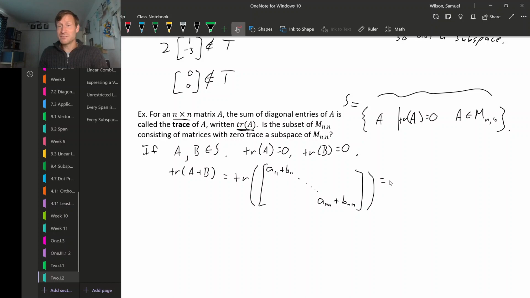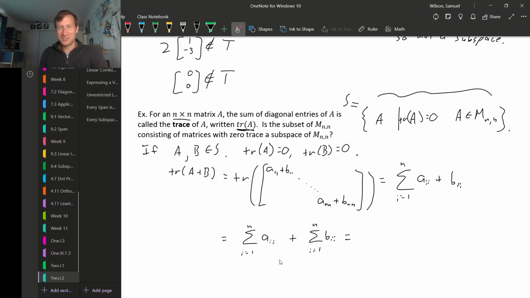So what is the trace of this matrix? Well, this is the sum from 1 to n of a_ii plus b_ii. I'm saving myself some work by using sum notation instead of writing out this big sum. But we can rearrange this sum. This is the sum from i equals 1 to n of a_ii plus the sum from 1 to n of b_ii. This is just rearranging this sum, since real number addition is associative and commutative.